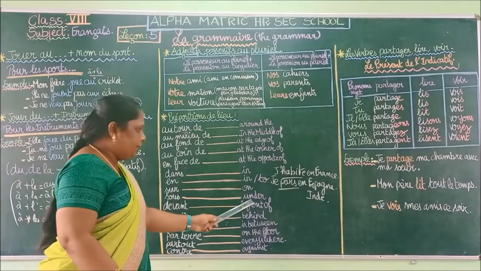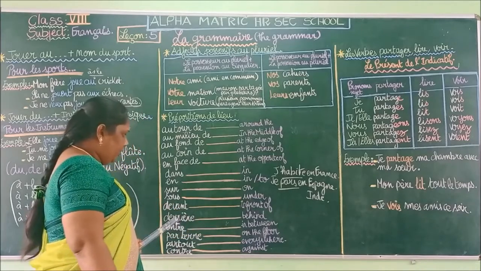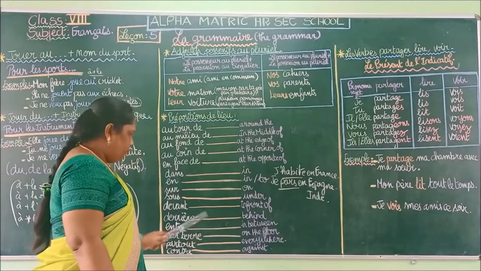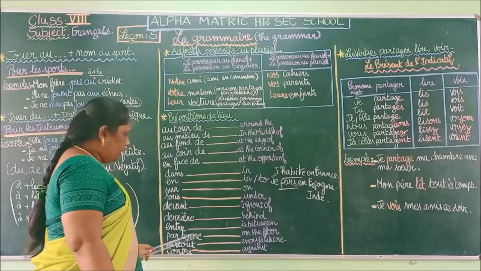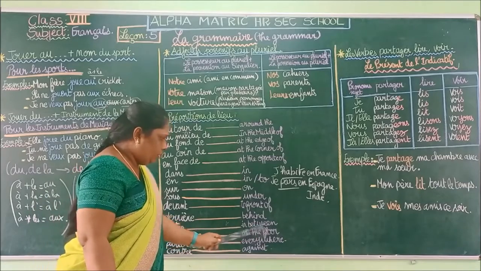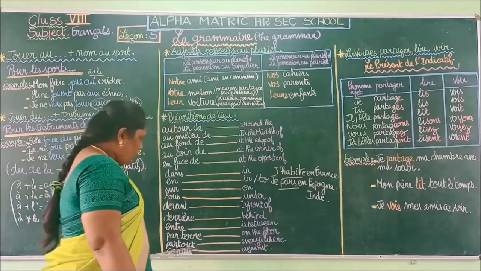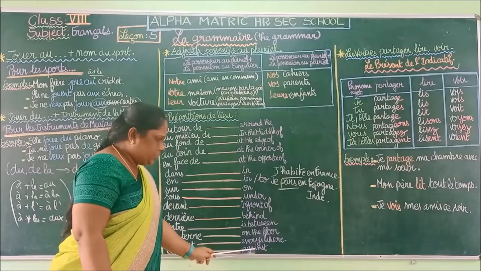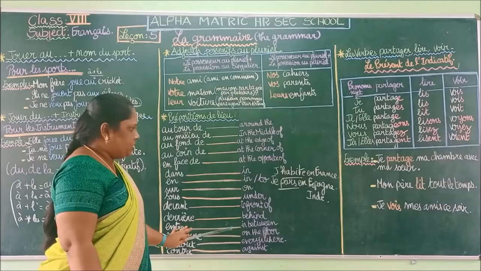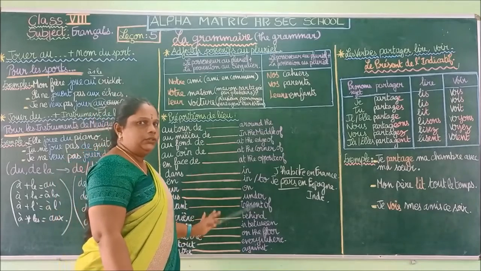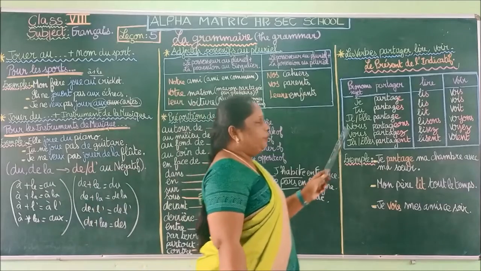Sous means under, devant means in front of, derrière means behind, entre means in between, par terre means on the floor, partout means everywhere, contre means against. Okay, so I hope you understood the prepositions of places that we already learned. So this is all a recap for this year. So let me turn the page.